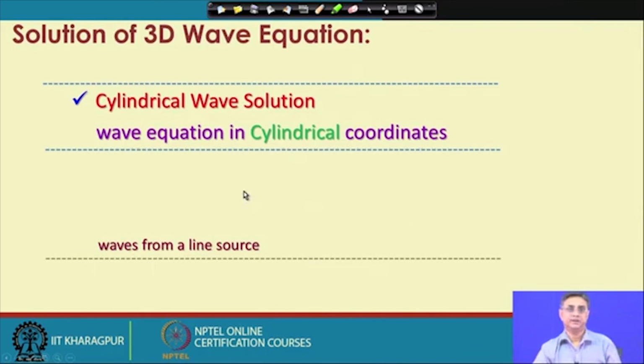Now, we will look at the cylindrical wave. Cylindrical wave is realized from a line source. If you have a linear chain of radiating dipoles or linear chain of radiating system, then all around the line in a cylindrical surface, the phases will be constant.